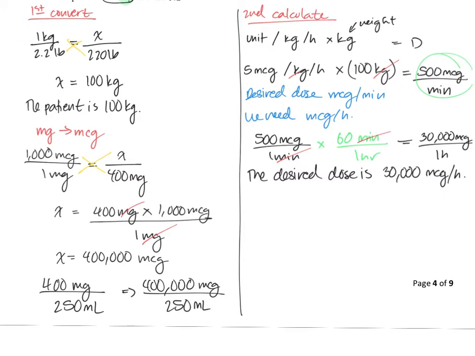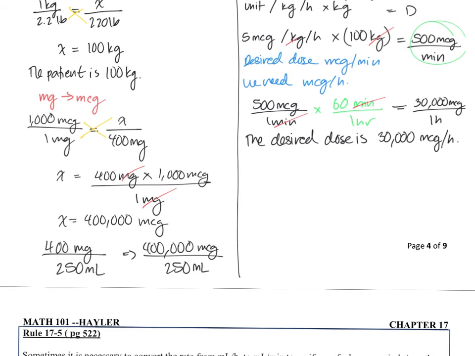We're almost there. The last step is calculating the flow rate in milliliters per hour.